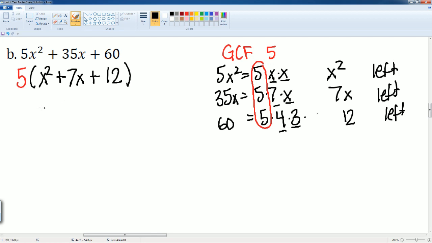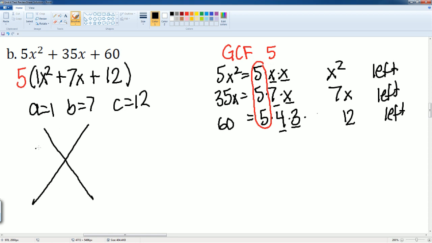Now we use the diamond method. A equals 1, B equals 7, and C equals 12. We need two numbers that multiply to make 12, which is 4 times 3. That makes 12, so that works.